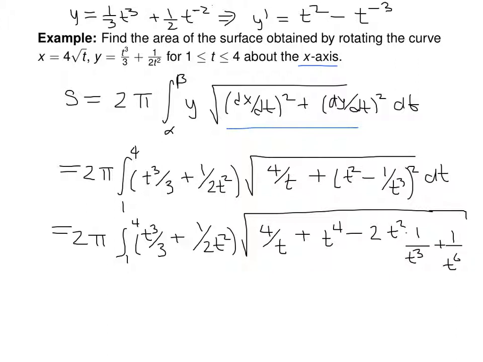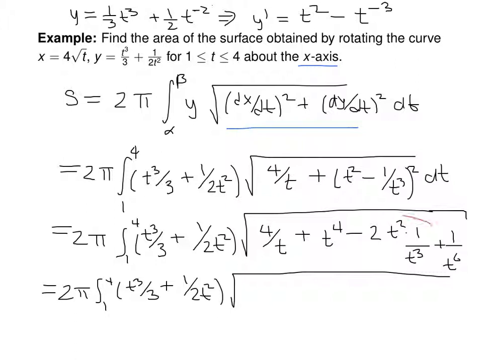Now inside this root sign, this term right there is actually just negative 2 over t. Adding it to 4 over t, we'll get t to the 4th plus 2 over t plus 1 over t to the 6th. And now that expression in the root sign actually factors into t squared plus 1 over t cubed, squared.